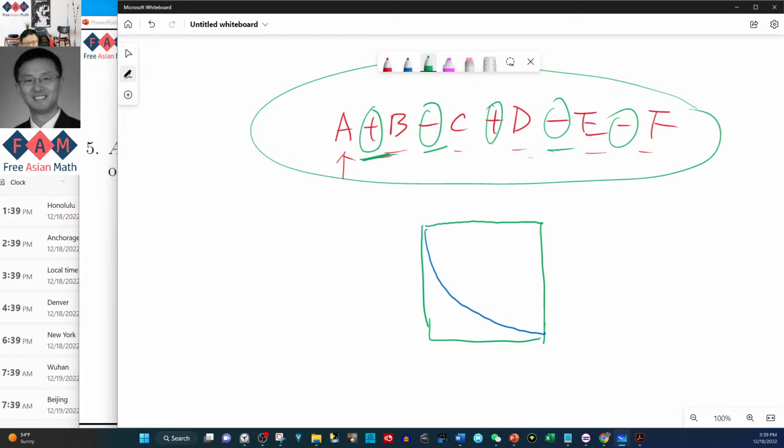Now, do you see what is the relationship between this blue arc and the rest of the figure? Clearly, this arc gives us 1/4 of the circle, right?